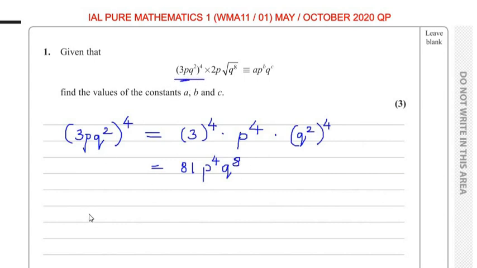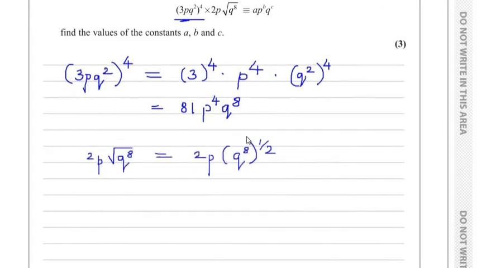Now let me solve the next one, that is 2p and square root of q⁸. Now 2p I will write the same way because it is in the most simplified form, and the square root I'm going to change to a fractional power and write as 1 over 2. Again using the laws of indices, any radical can be changed to a fractional power.